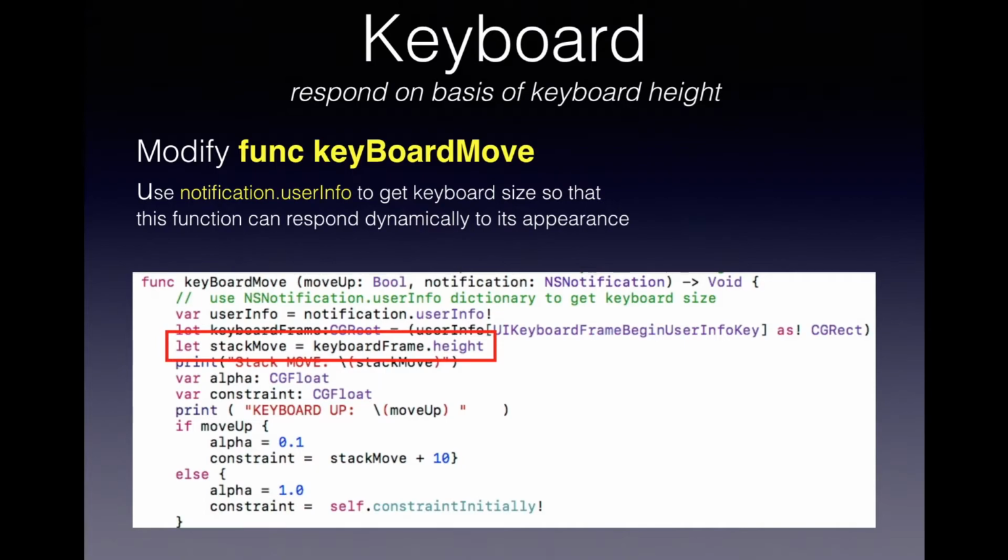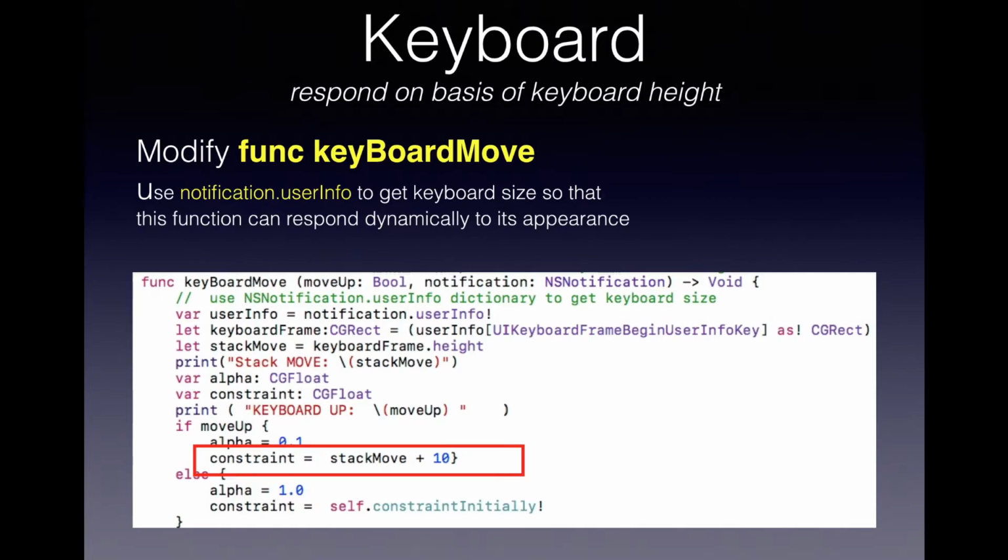That's actually a bad choice, it should be a stack height, but in any case, you just say if the move is up, the alpha, which is the transparency of the image, goes to 10%, which is why the image fades, and the constraint, the thing that constrains it to the bottom, is increased by the height of the keyboard plus 10.